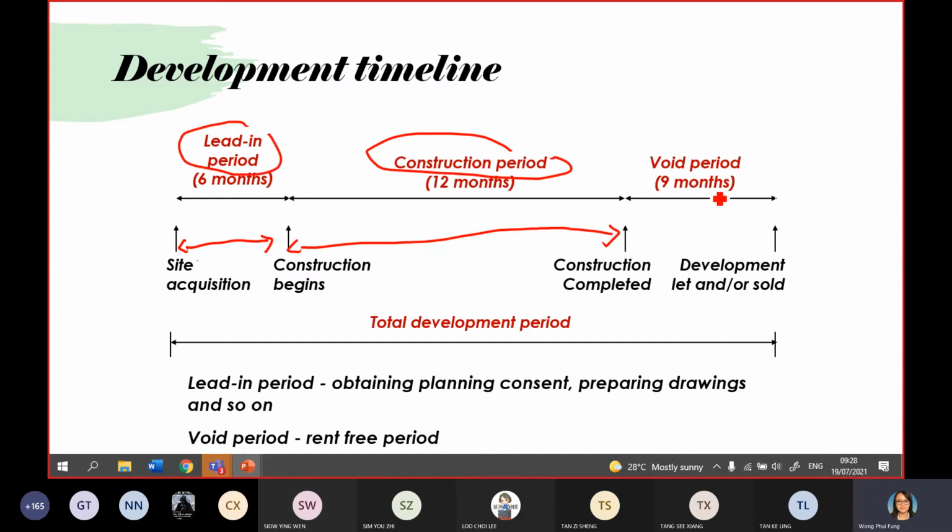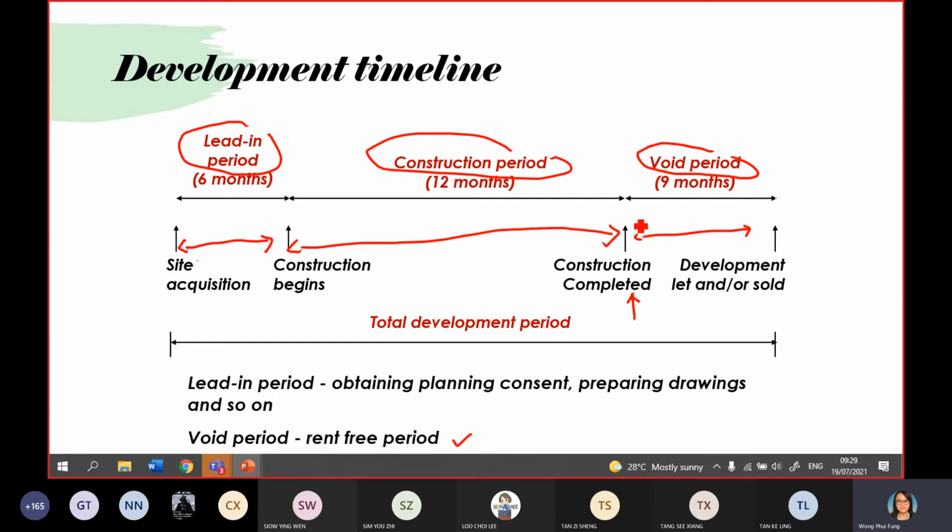Okay, then last but not least, when the construction is completed, some developers might experience a void period. The void period is what we call the rent-free period. Because when the building is completed, sometimes the developer might not be able to sell all units or rent out all units. So during this period, the developer might experience a void period, meaning they do not have any income.